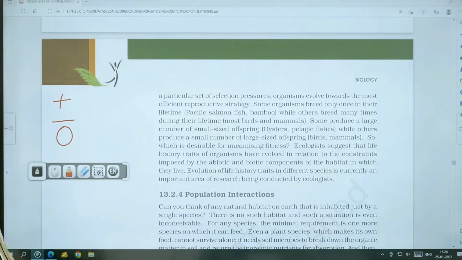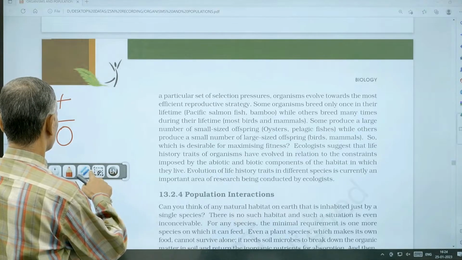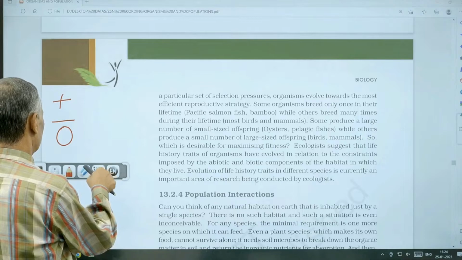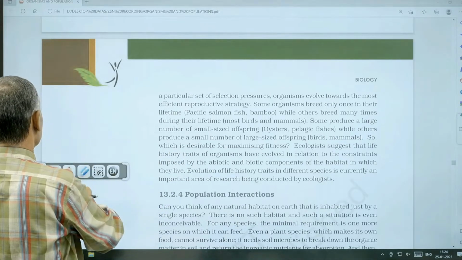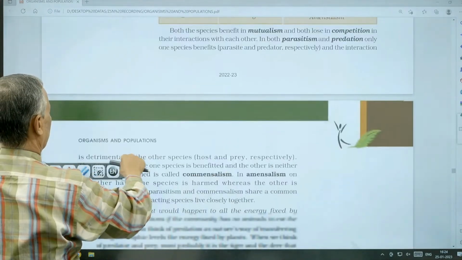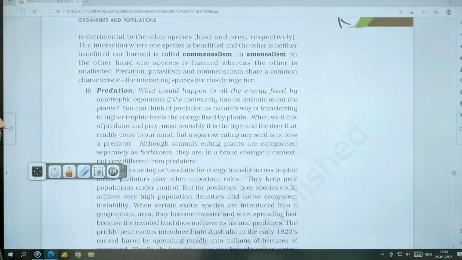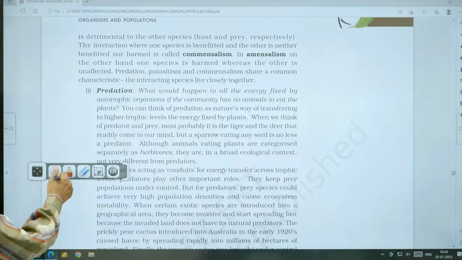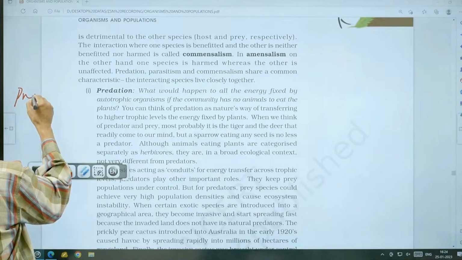Clear? Now let us study the most important types of interactions. Okay? We have predation. It is the prey-predator relationship. Okay.